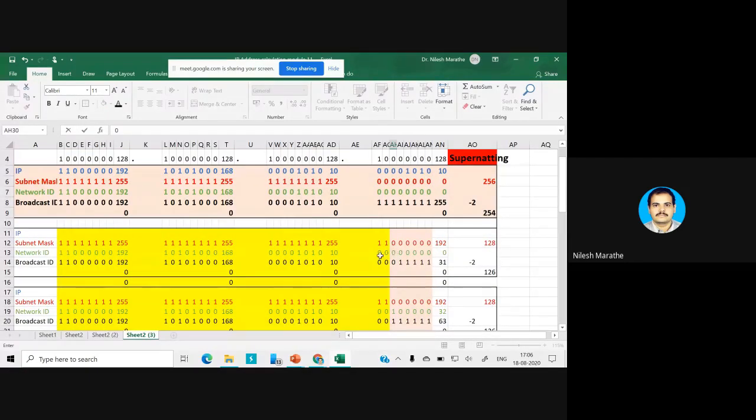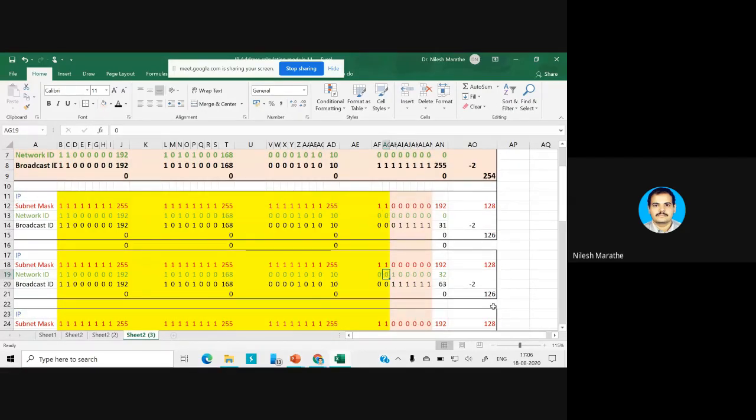So what will happen now here again? 2 bits: 0 0, 0 1, then 1 0, and 1 1.